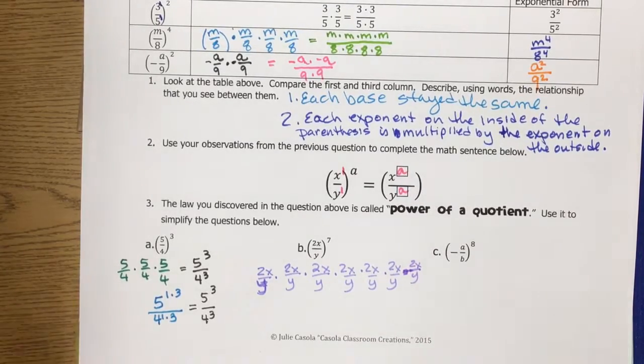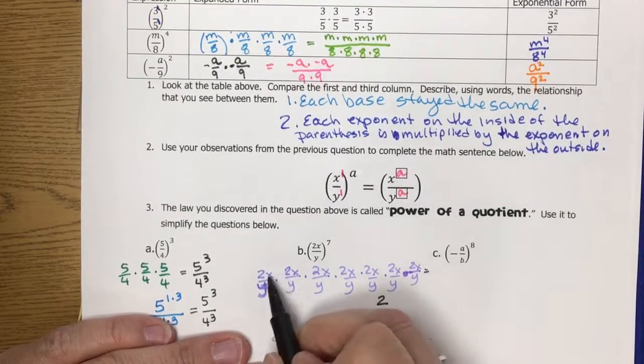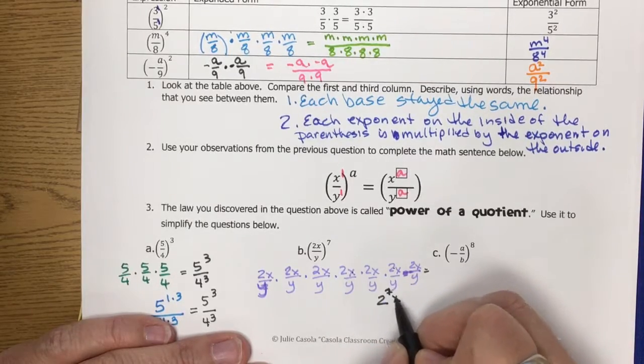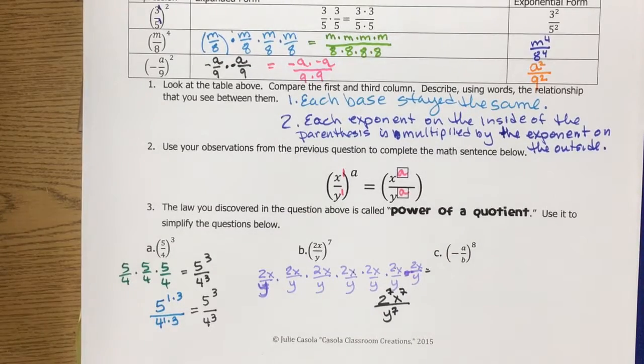I'm going to have to write my answer down below. Not a lot of space. How many 2's do I have? 1, 2, 3, 4, 5, 6, 7. How many x's do I have? 7. How many y's do I have? Amazing, 7.